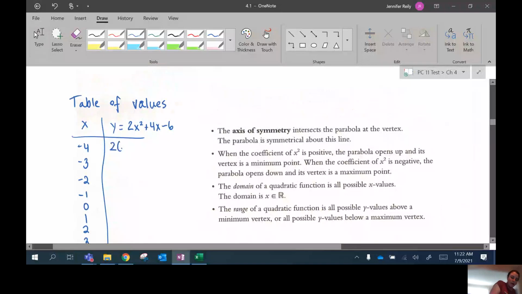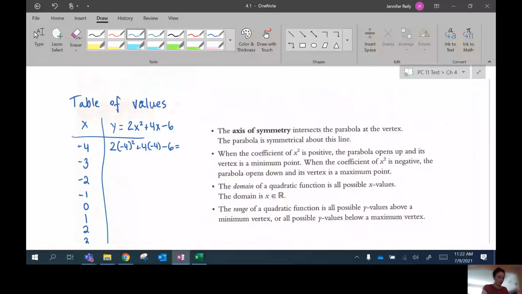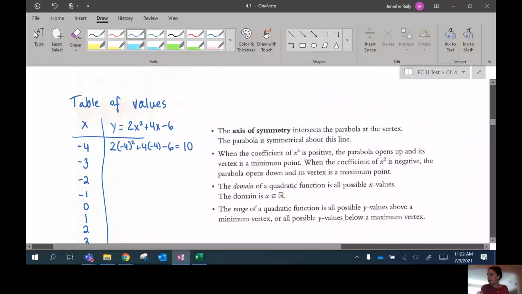You would put -4 into all the spots where there's an x in the equation. You'll have 2 times -4 squared plus 4 times -4 minus 6, and you should get 10. You do that with -3, you'll get 0. With -2, you'll get -6. With -1, you'll get -8.